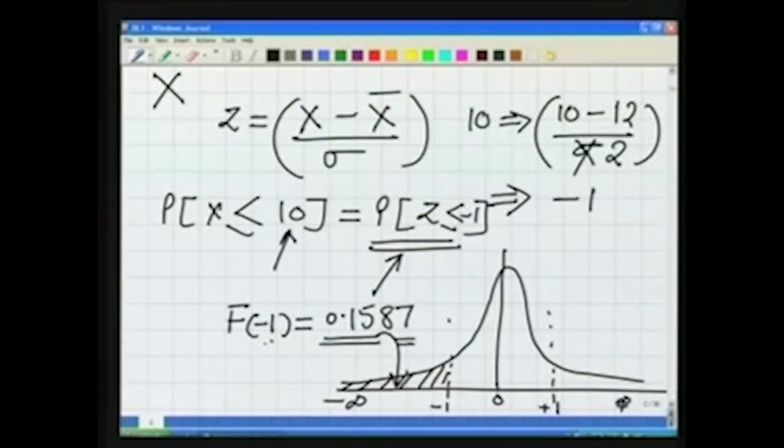The meaning of this is the probability that Z will have a value less than or equal to minus 1; this area is this value. So, we can say again that the probability of our original variable x, the probability that x is less than or equal to 10, is 0.1587. So, this is how we make use of the normal curve in order to determine the values.